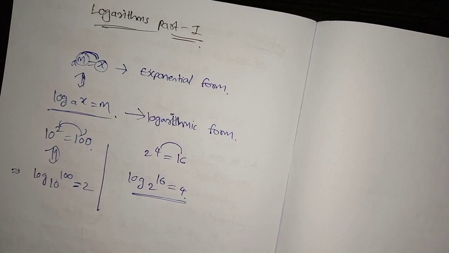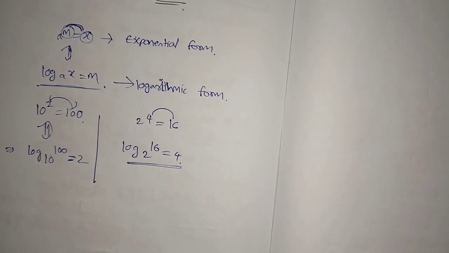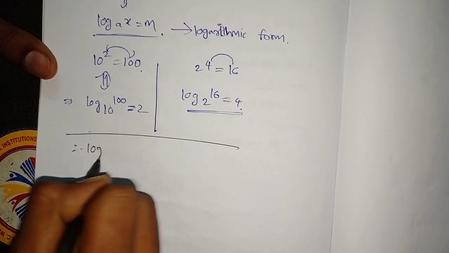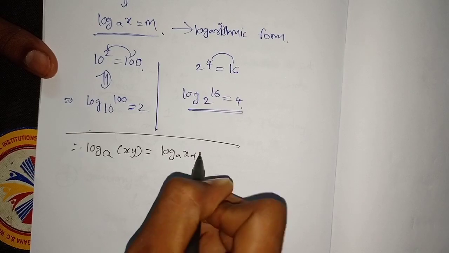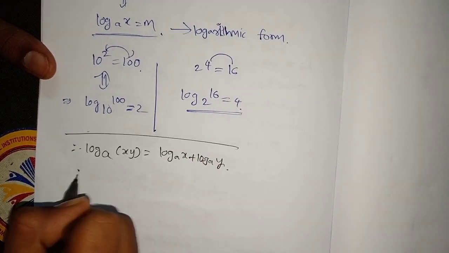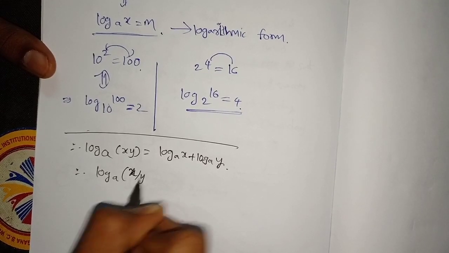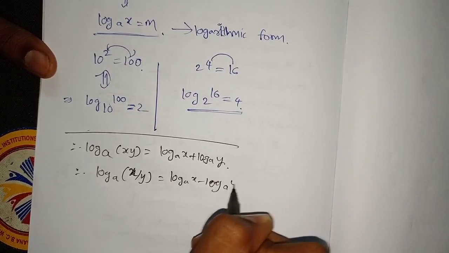So guys, let's discuss the basic logarithmic formulas that involve simple tricks. These are the most important formulas. First, log base a of xy equal to log a x plus log a y. Similarly, log a of x by y is log a x minus log a y.